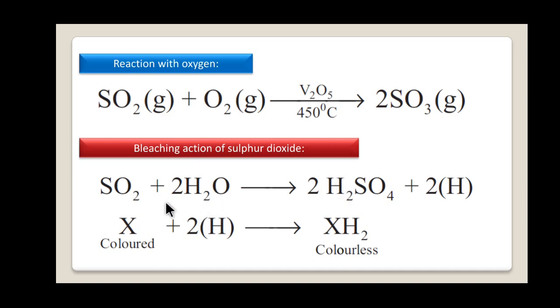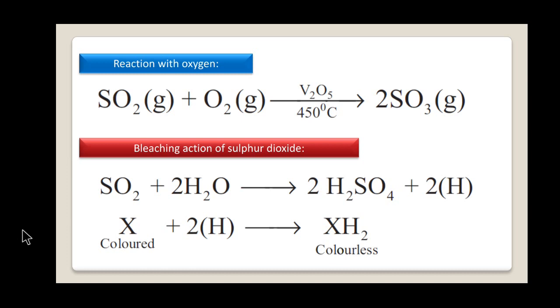And the bleaching action of sulfur dioxide. In the presence of water, sulfur dioxide bleaches colored wool, silk, sponges, and so on into colorless due to its reducing property. Based on the reducing property, the compound is used as a bleach. It converts a colored compound to colorless.